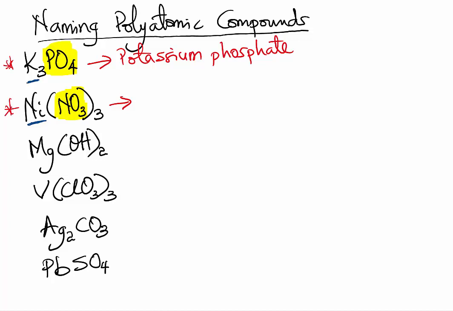So if each nitrate is -1 and we have 3 nitrates, that will give us a total of -3. And to balance out the negative charges, that means nickel must have a charge of +3.